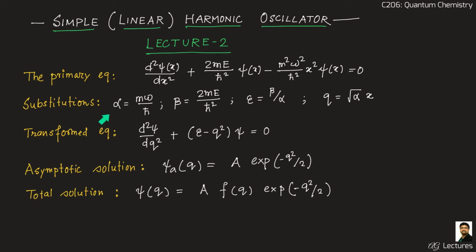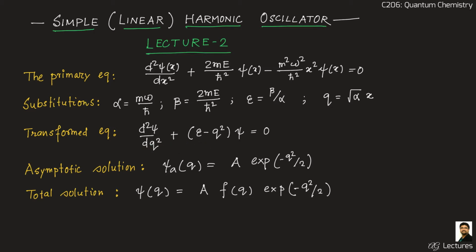For example, we defined alpha to be m omega over h cross, beta is equal to 2mE over h cross square, epsilon, which we found out is going to be a dimensionless number if we define it to be beta over alpha. And finally, we changed the variable from x to q, and q and x are related in this way. If we use these substitutions and the change of variable, then we get the transformed equation this way.